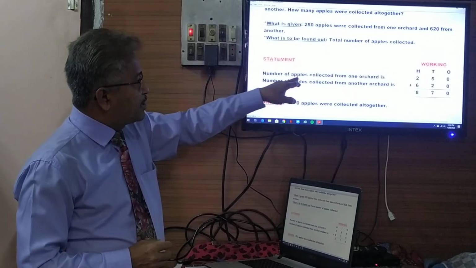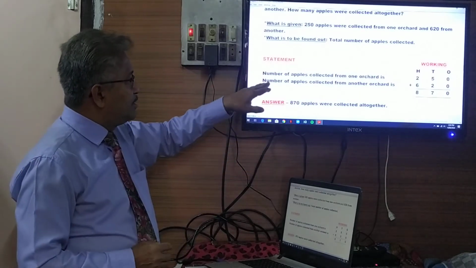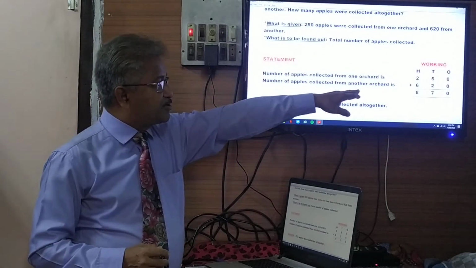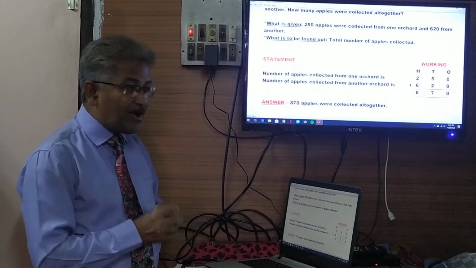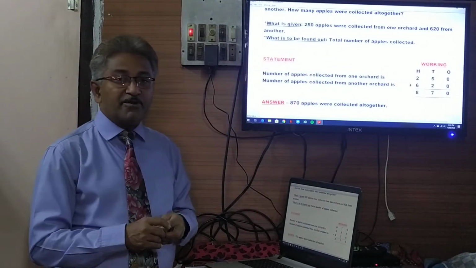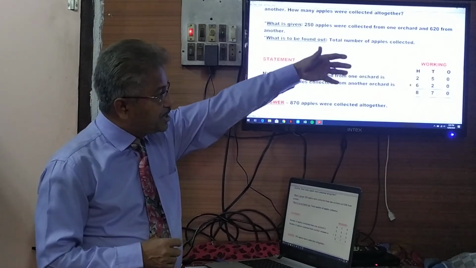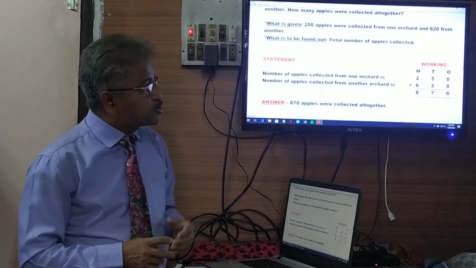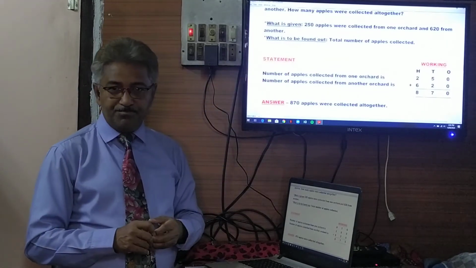So number of apples collected from one orchard is 250. Number of apples collected from another orchard is 620. Now we need to find out the total number of apples collected. So when we have to find the total, we need to add. When we add these two, we get 870.